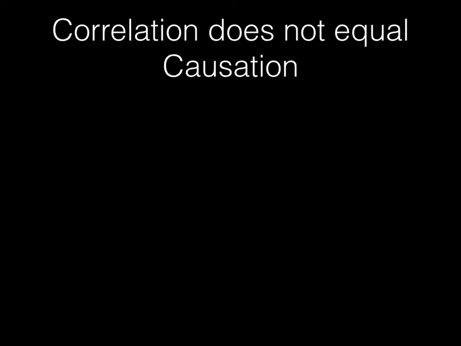In fact, this is kind of the mantra of our class: correlation does not equal causation. What I mean by that is whenever you're looking at a correlation, you cannot conclude anything solid about whether one thing causes another.